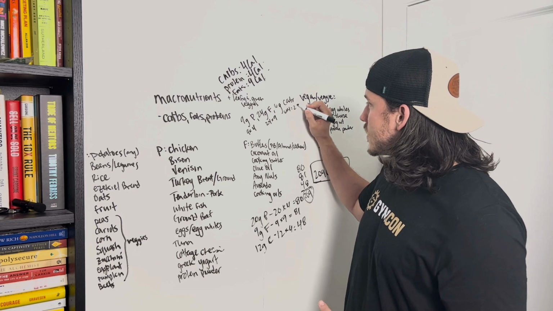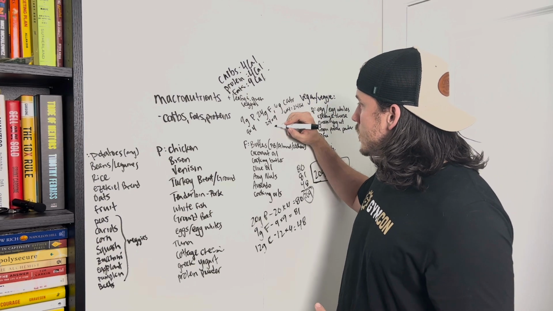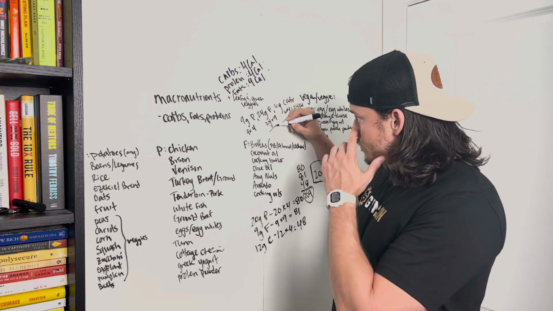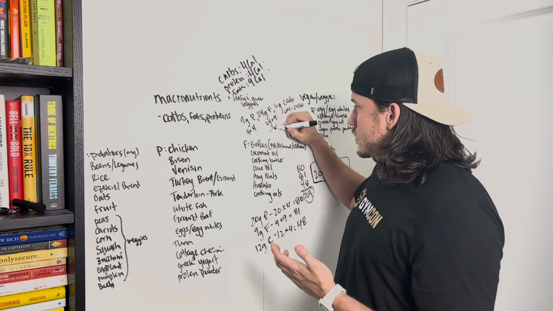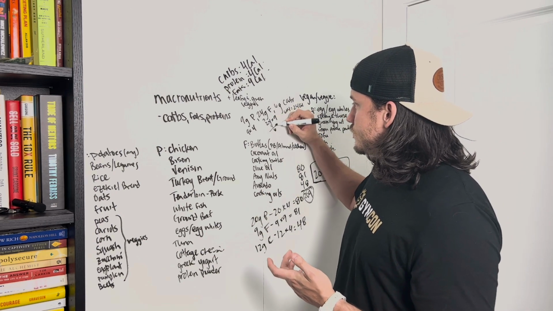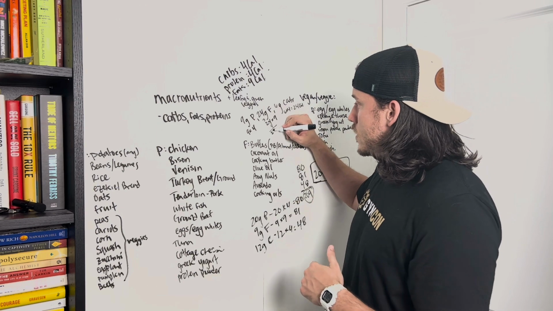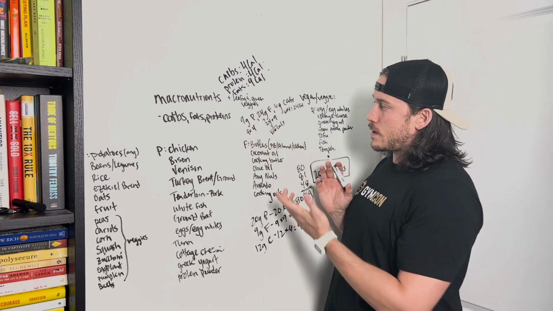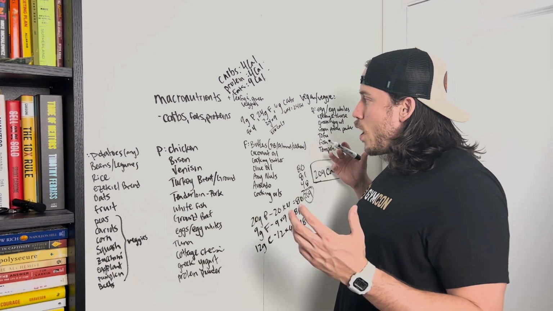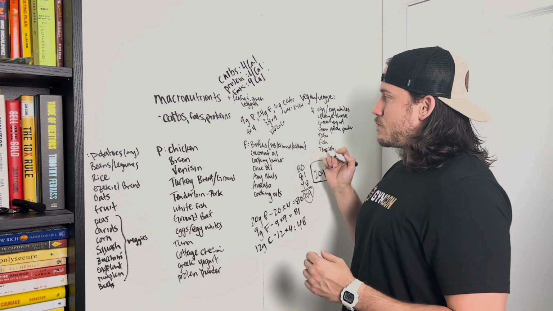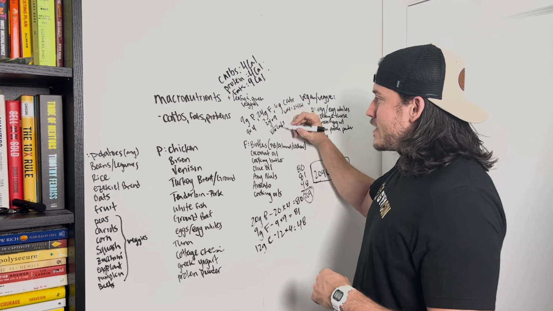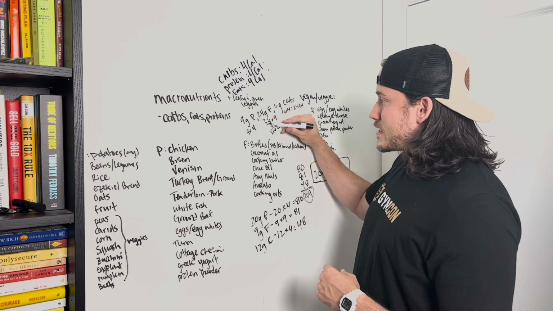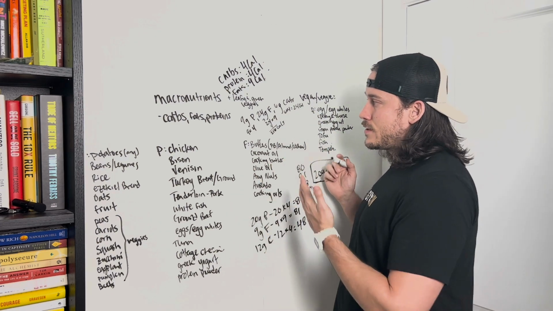So on the carbs, that's 24 calories from carbs. On the fat, it's going to be 216 calories of fat. So you're going to go 24 times 9. 9 times 4 is 36, 9 times 2 is 18 plus 3, 21.